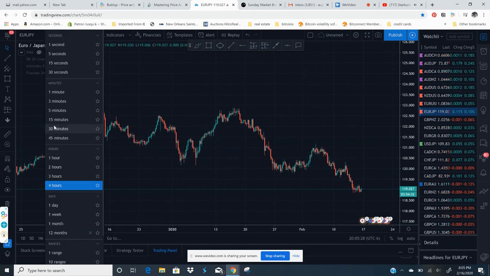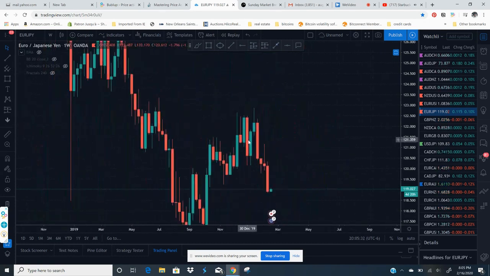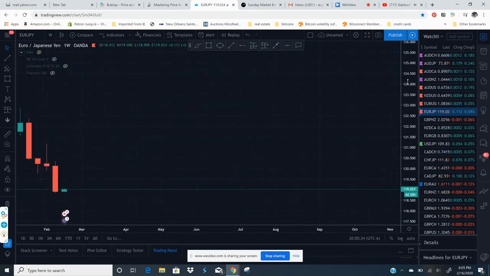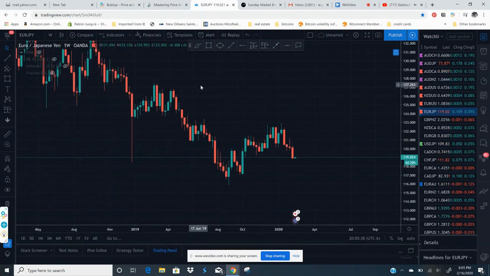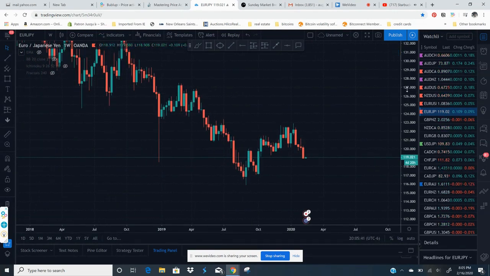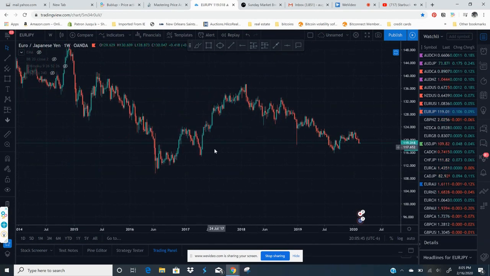Base it off a week. I'm just trying to do the lows and highs in that area.